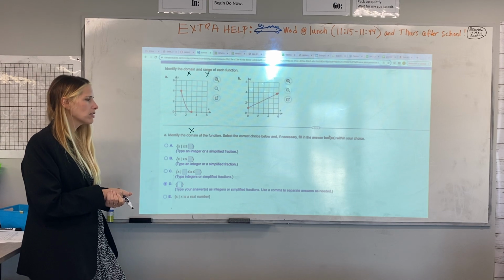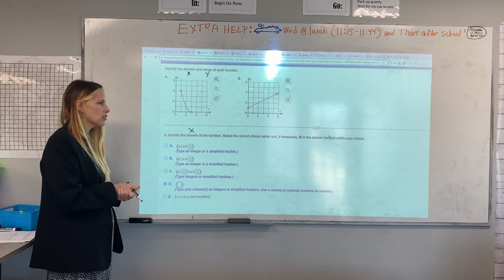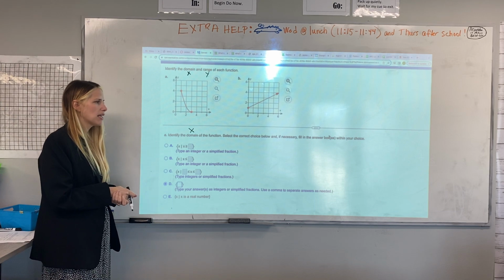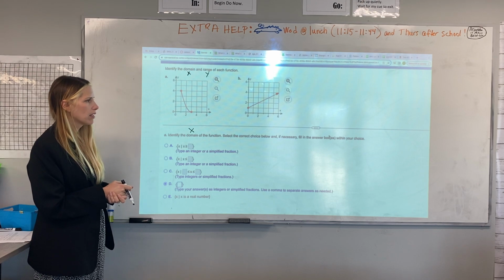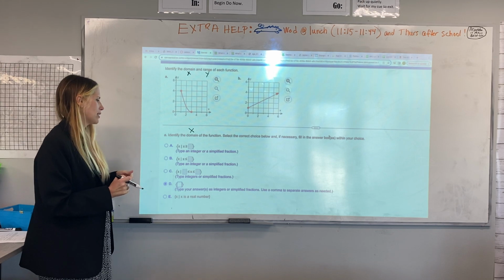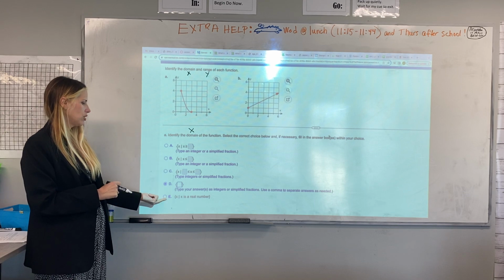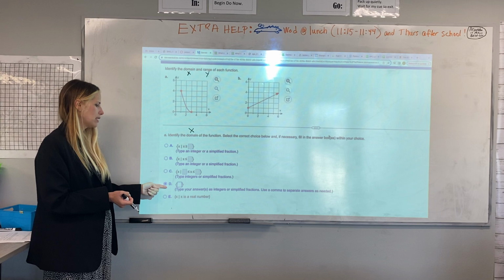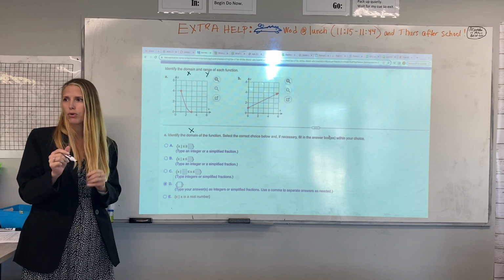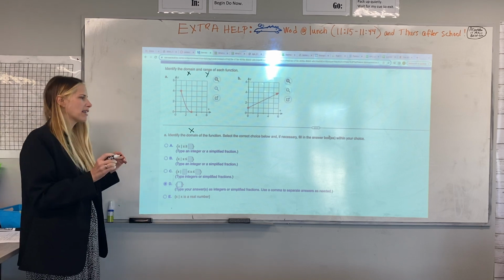Select the correct choice below, and if necessary, fill in the answer box or boxes within your choice. So obviously, if we're going to choose E, then we don't have anything to fill in. But if we make any of these other choices, not only are we going to select them, but we also have to fill in the blank on it.